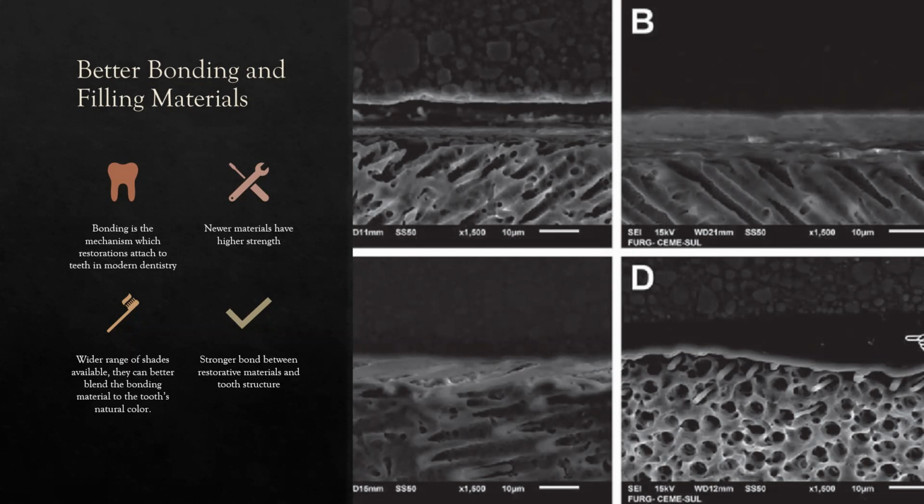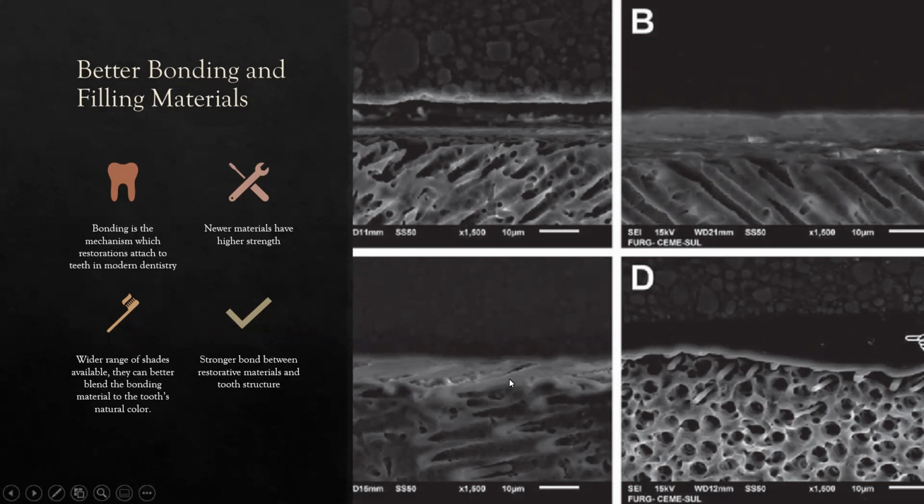And the micromechanical retention is basically using an acid or acid-like material that creates some roughness within the tooth and removes some minerals, where a resin penetrates into that material, which we call the hybrid layer or the hybrid zone, where it's made of a resin material that penetrates through the dentin.